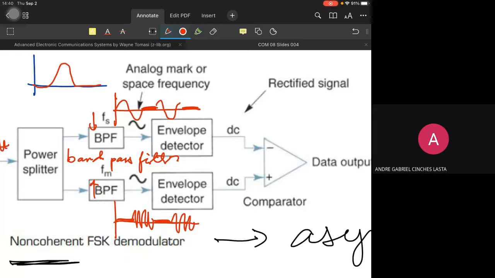Modulator. Demodulator naman ni mao. Envelope detector.